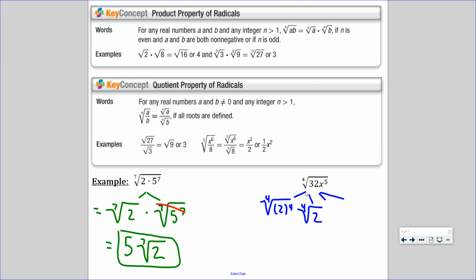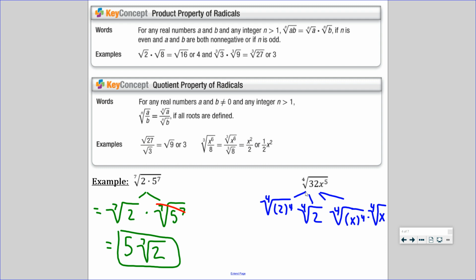I want to write it with as many perfect 4th powers as I can, so I can get 1 perfect 4th power out of 32, which is 16. Same with the x. If I have 5 factors of x, how many groups of 4 could I get out? I could do 1, x to the 4th, but then I have 1 left over underneath the radical because I have a total of 5. Does that make sense?